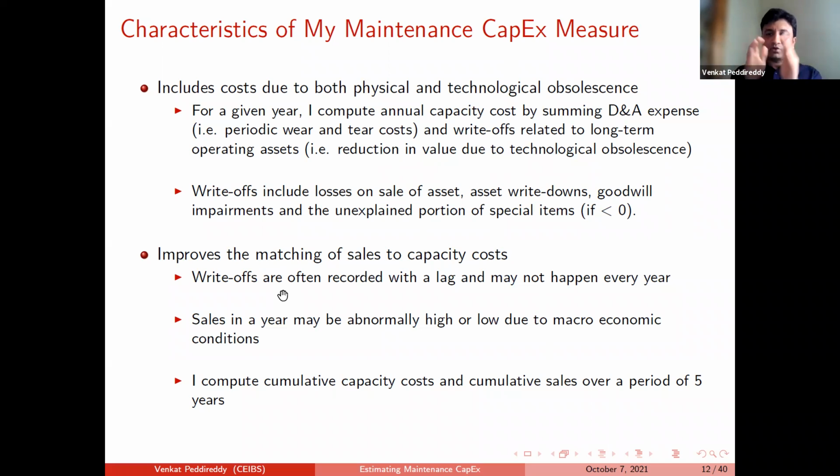As long as I have both of them included in some form in the total measure, I'm happy with that. Estimating the rate of technological obsolescence for every industry over a period of time is an interesting point, but in this paper, that's not my focus. I'm just including everything into one measure of maintenance Capex.